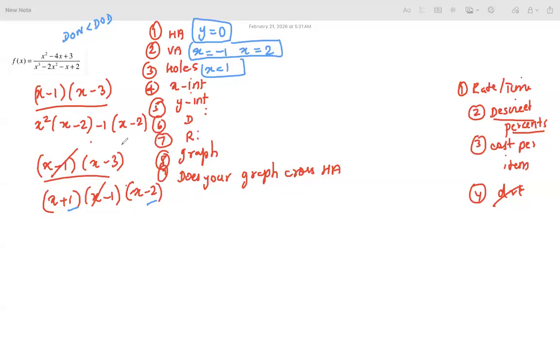What is the x-intercept? To find the x-intercept, put y equal to 0. As a result, x square minus 4x plus 3 will be equal to 0. When you factorize this, x minus 1, x minus 3 will be equal to 0.